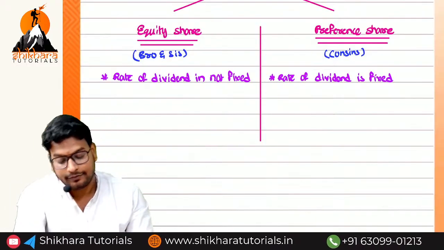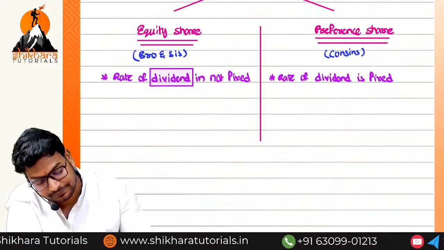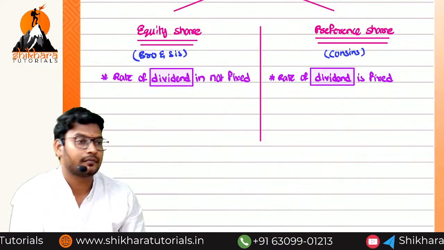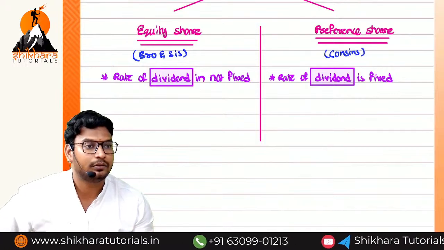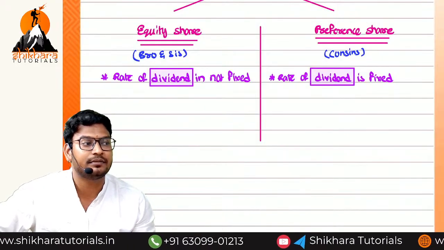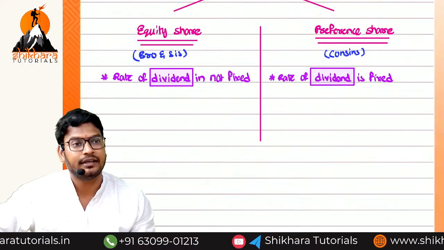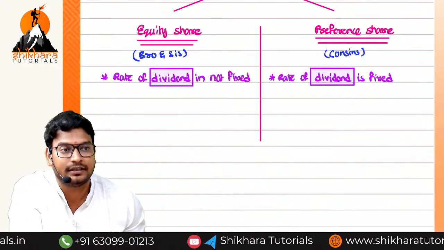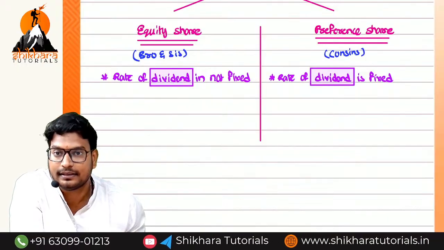First of all, you need to understand about the dividend. What is the meaning of dividend? What is the meaning of interest? For suppose you have taken a loan or you have made a fixed deposit. If you make a fixed deposit in the bank, what is the return we are going to get? Interest. In the same way, on the shares, what is the return the shareholders get? Dividend. Dividend is nothing but what? Return on shares is called a dividend.